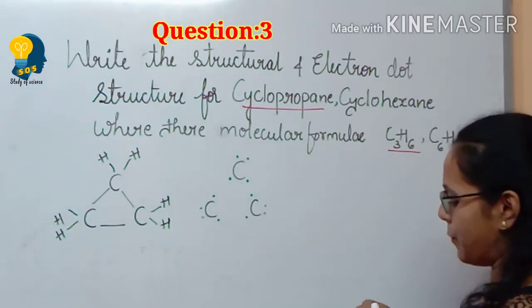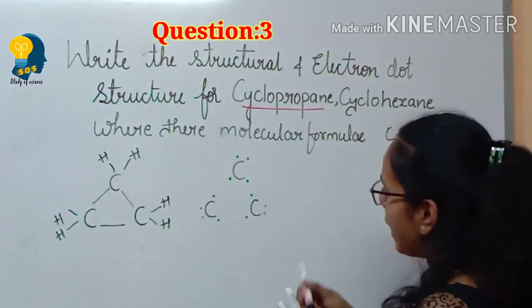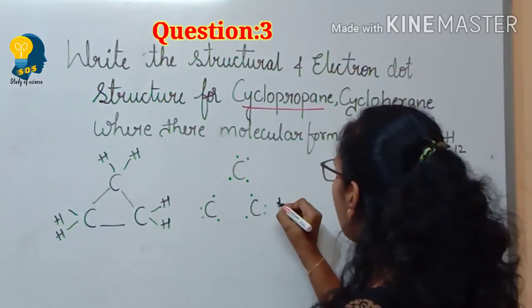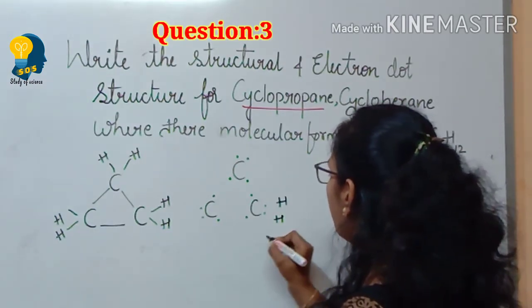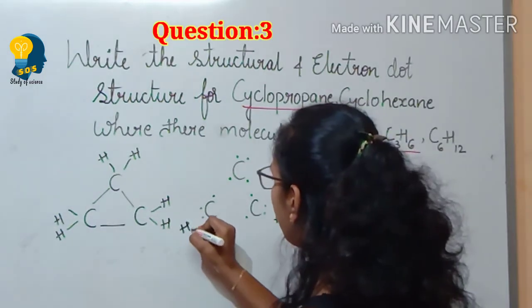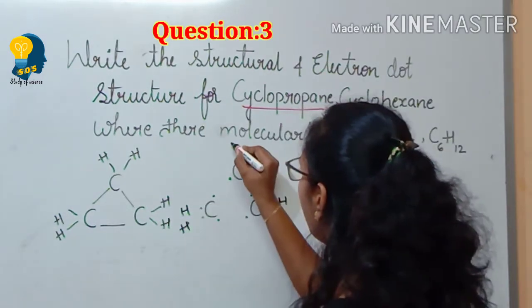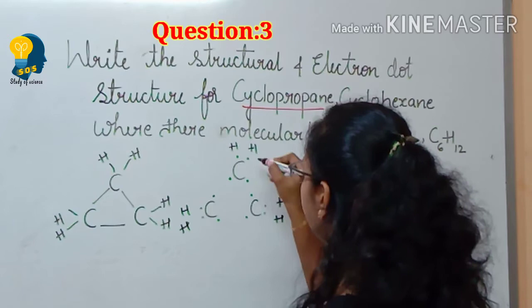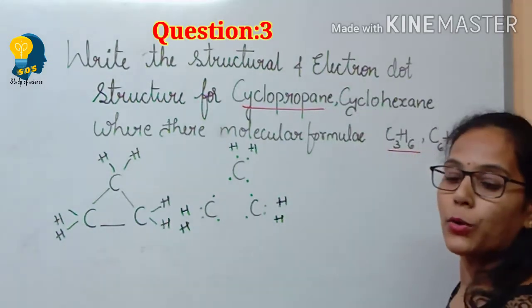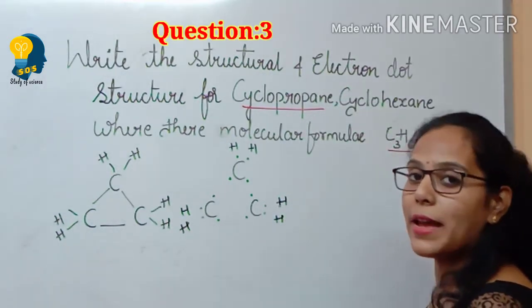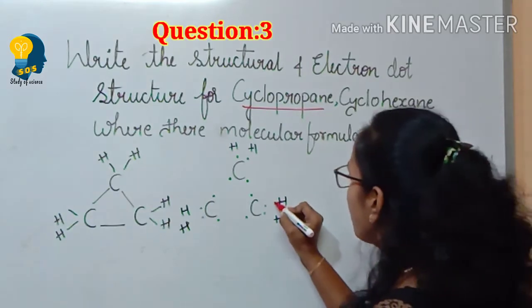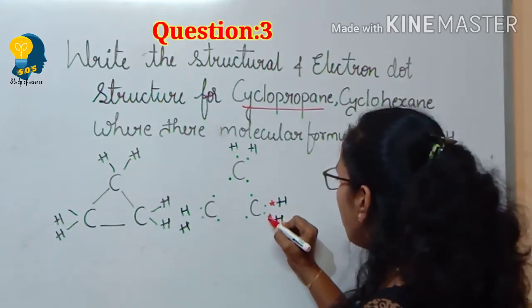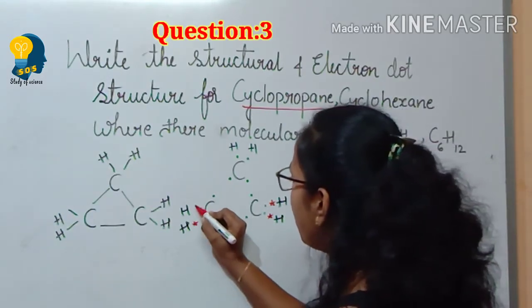Now let me write for hydrogen. So how many hydrogen atoms are there? 6, right? So 1, 2, then 3, 4, 5 and 6. And you know that each hydrogen atom has 1 valence electron. So the valence electron of hydrogen will be 1.